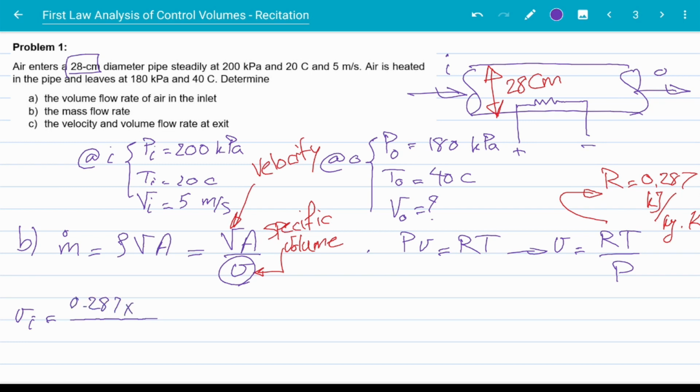Now, temperature at the inlet is 20 degrees Celsius, but we need to plug in Kelvin. So that will be 293 Kelvin over the pressure, which is 200 kilopascals. Do the math, and we get that the specific volume at the inlet is 0.0204 meters cubed per kilogram.